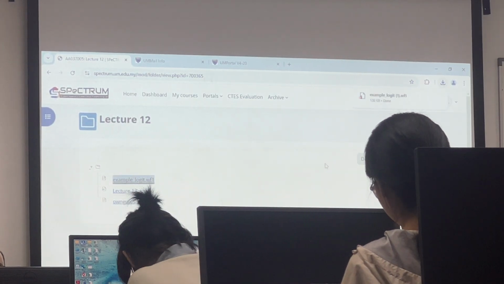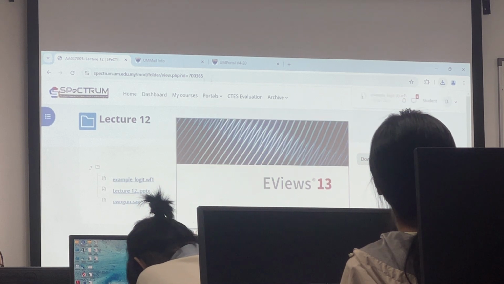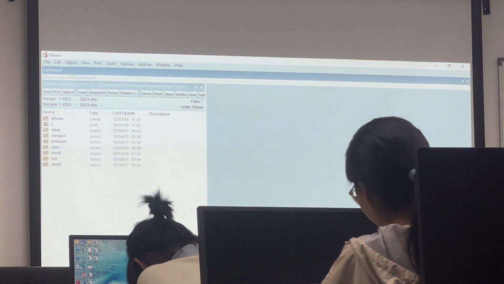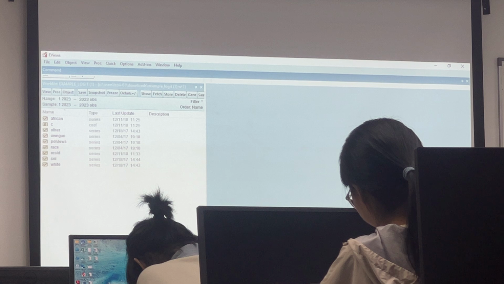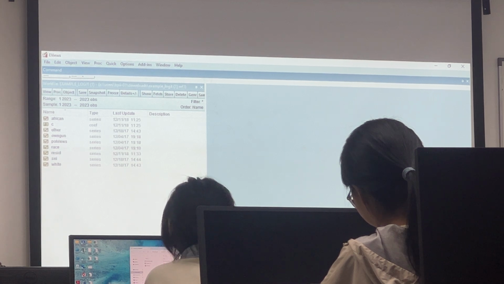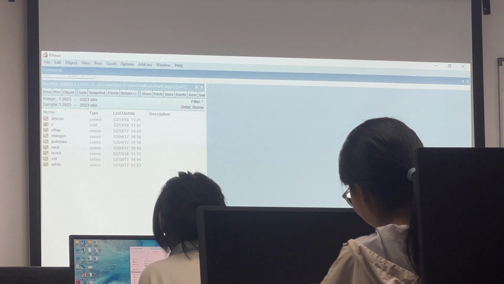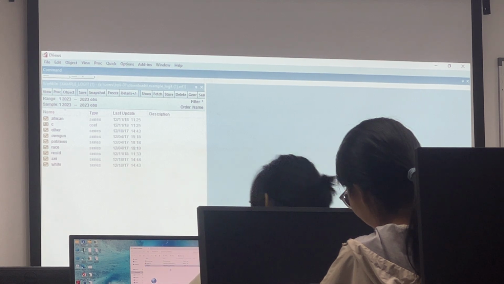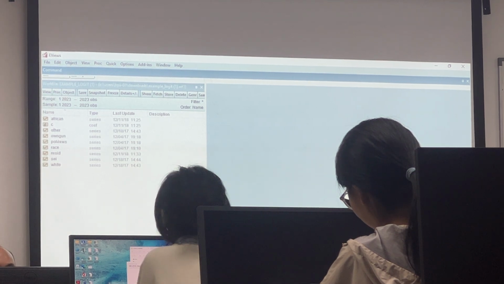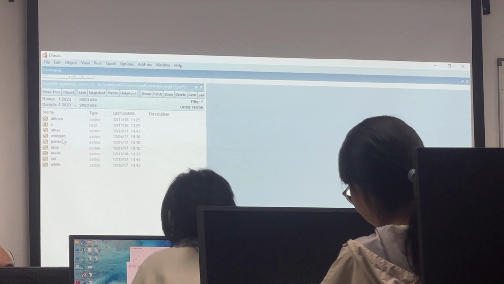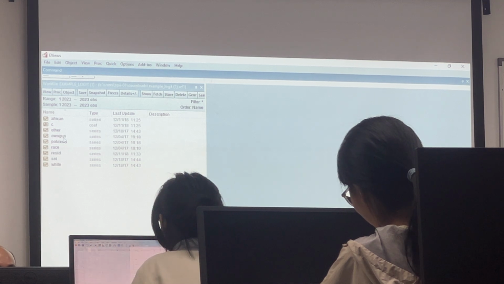data, for example, equation. So to further the example, you notice that here we have own gun.